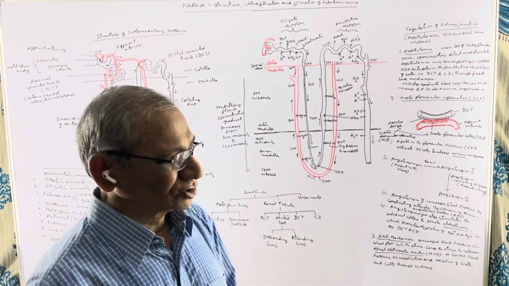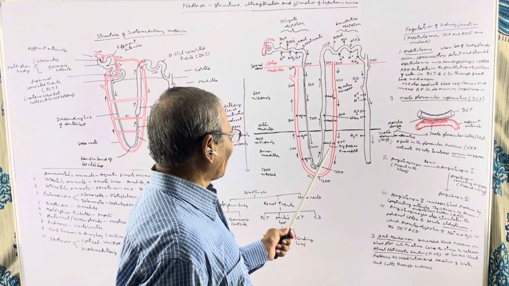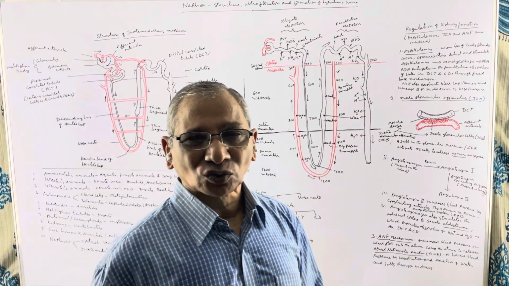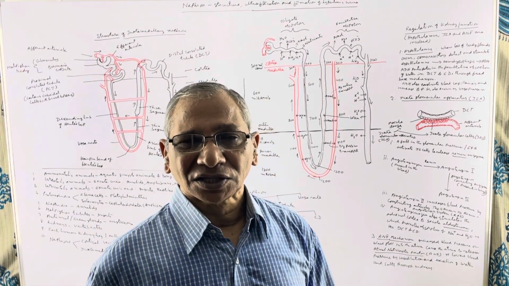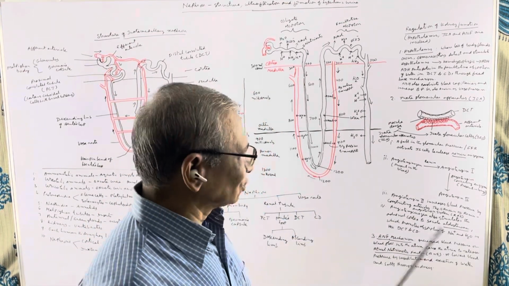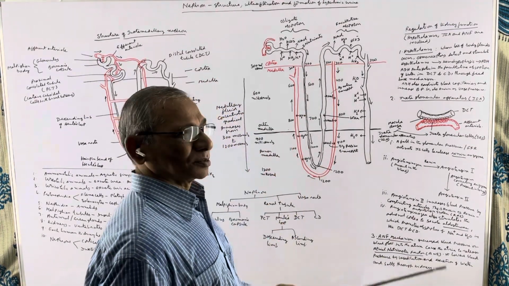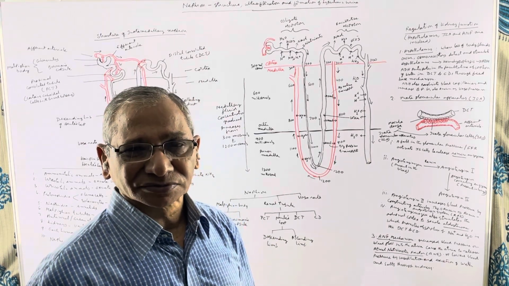expenditure of energy. So in this way, through passive and active transport of sodium chloride out of the glomerular filtrate, the glomerular filtrate gets diluted from 1200 milliosmoles to 300 milliosmoles by the time it reaches the cortex.